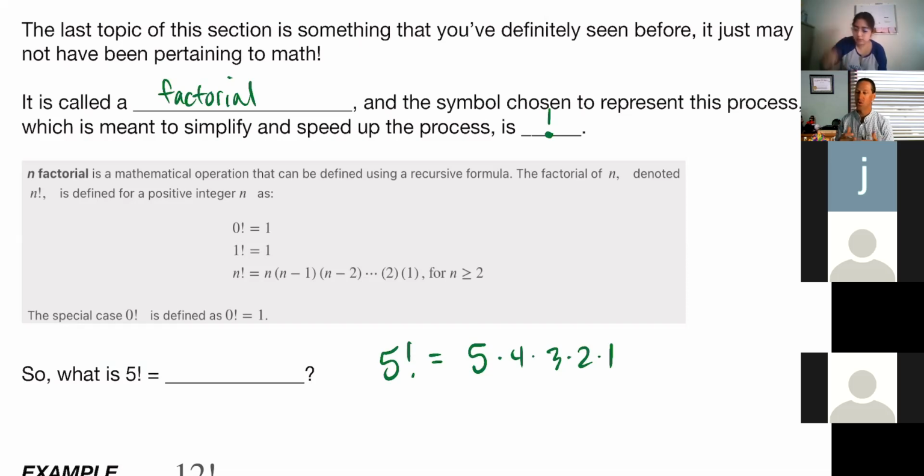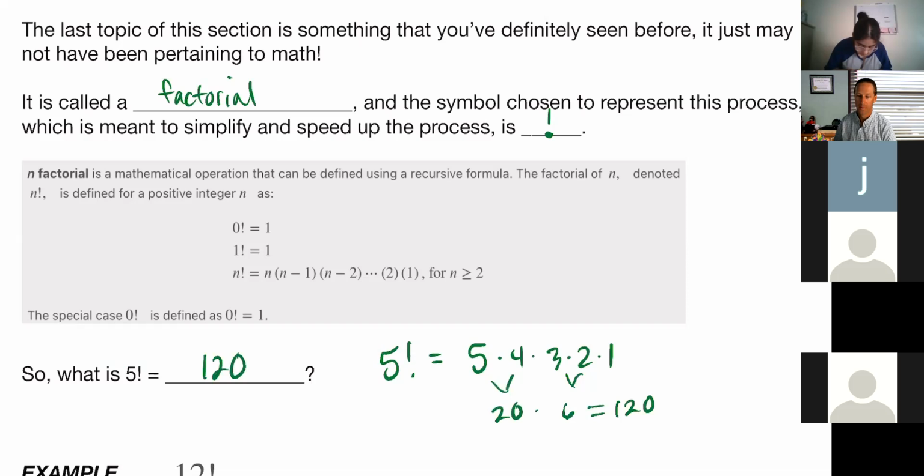And so instead of having to draw 30 blanks and do 30 times 29 times 28 times 27, we said, let's just make up a symbol to represent that, so we could just punch it in our calculator and have it do all of that. If you haven't looked before, take a look. It's in your calculator. You will be able to just punch that in, and it'll give you the 120. Now, do you need a calculator to do 5 factorial? No. You know that's 20, you know that's 6, and you don't need the 1, so then that gives you 120.